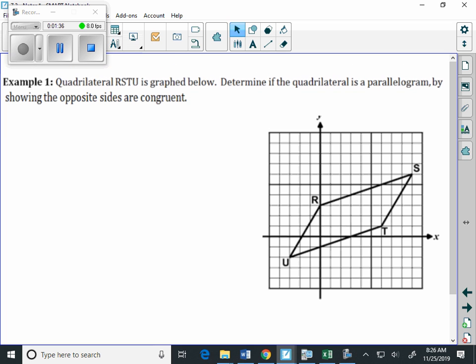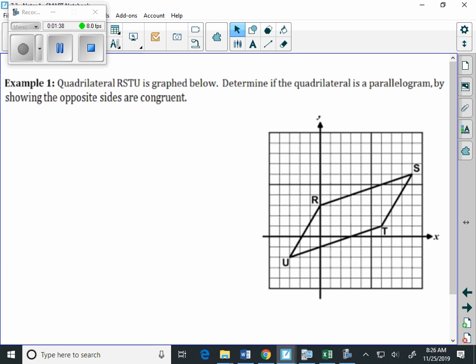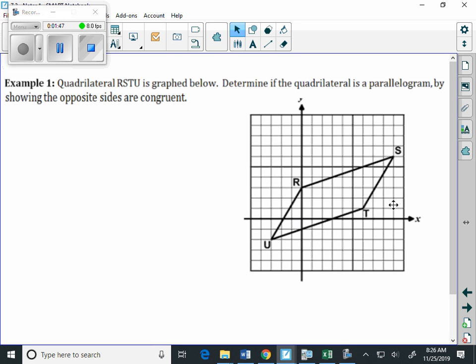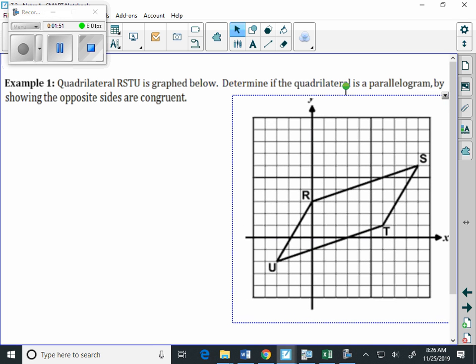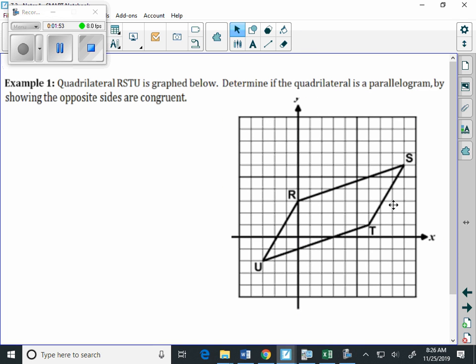Example 1. Quadrilateral RSTU is graphed below. Determine if the quadrilateral is a parallelogram by showing the opposite sides are congruent. Again, you might want to use colored pencils just to keep track of things.